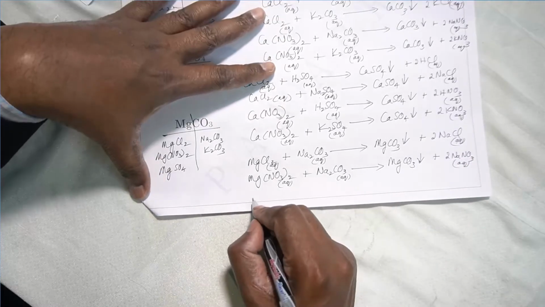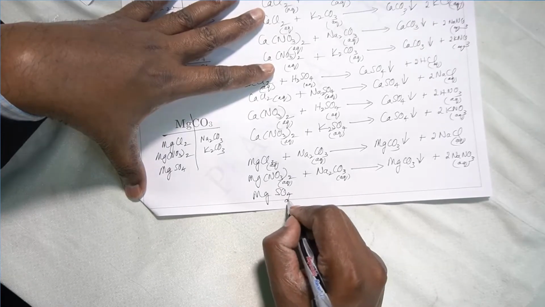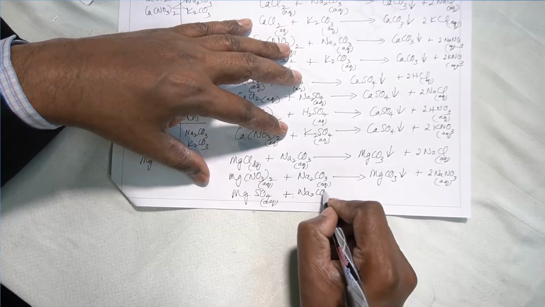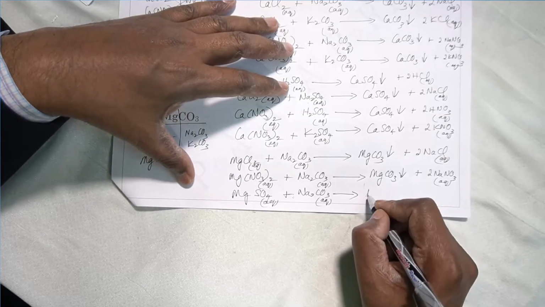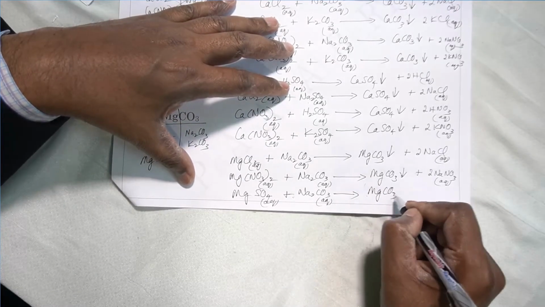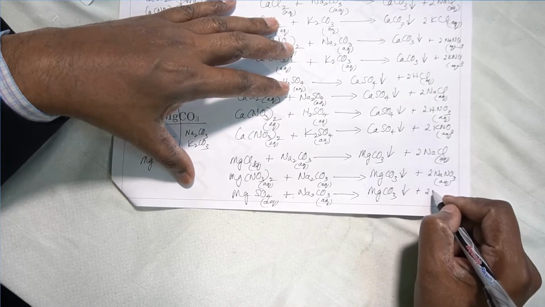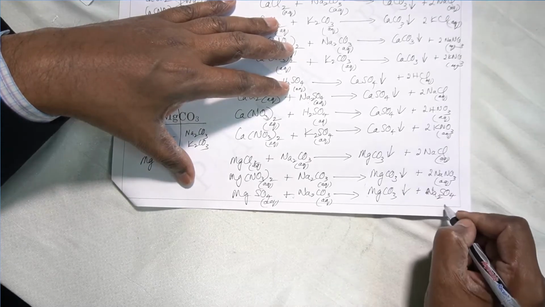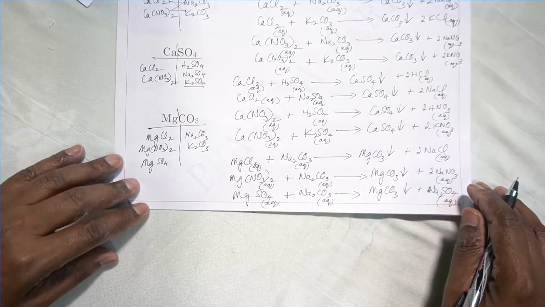Then we have MgSO4 in the aqueous form, and Na2CO3 sodium carbonate solution, the aqueous form. And what you have now, MgCO3 coming insoluble precipitate plus, not 2, it is Na2SO4 sodium sulfate solution.